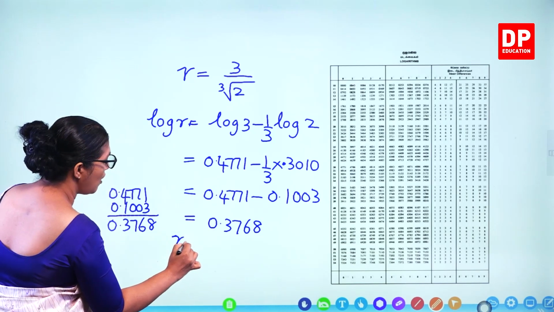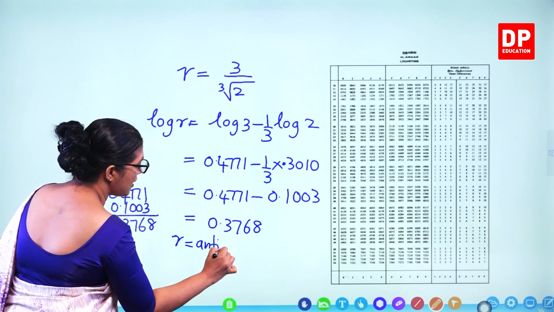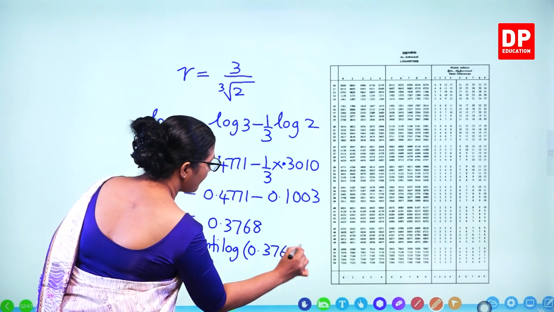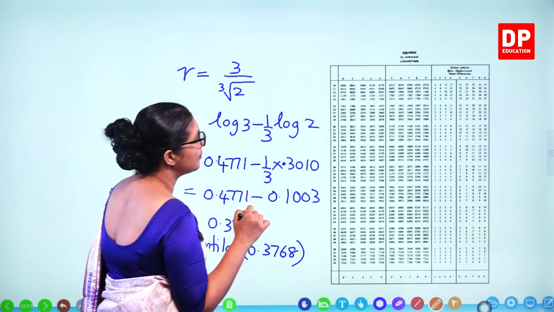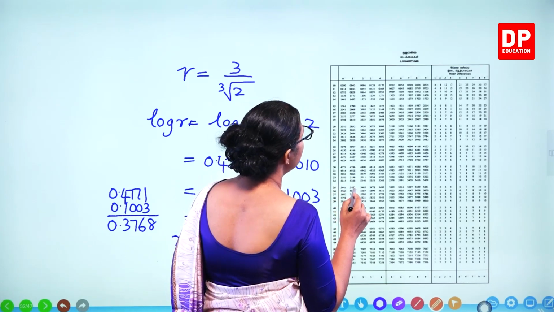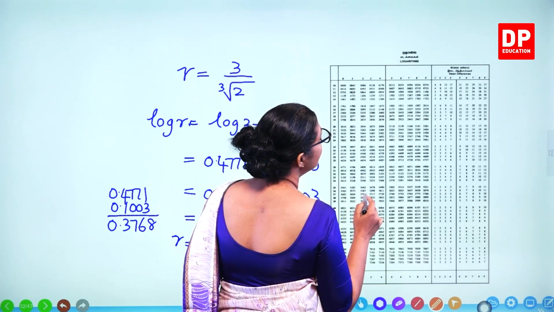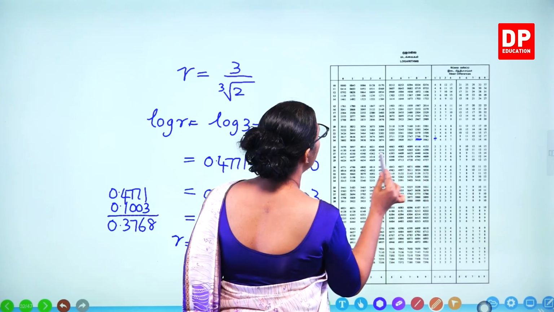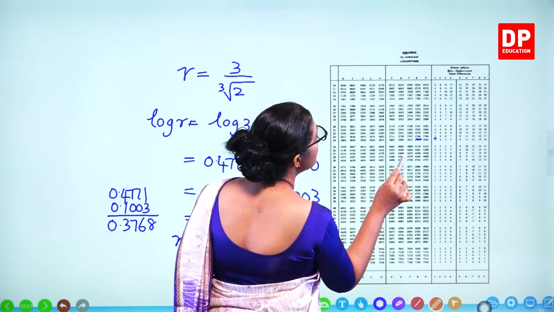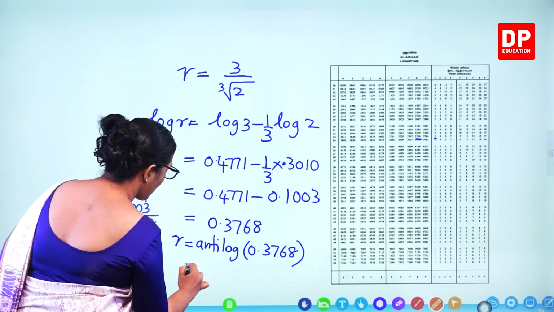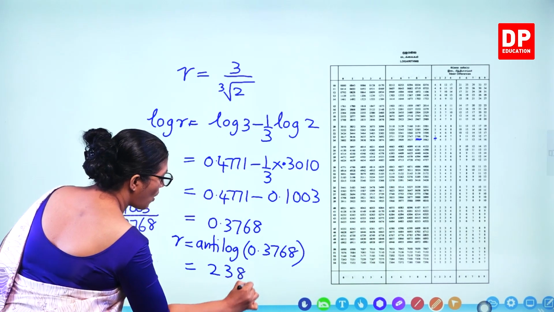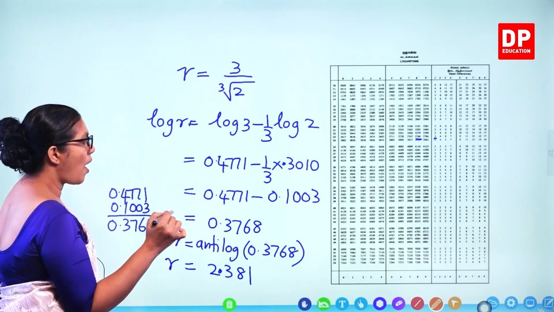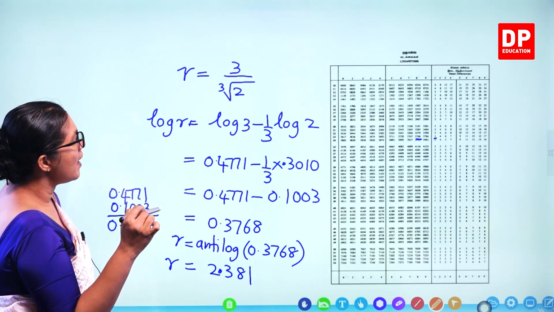Now take the antilog value of this to find R. 3768: 3766 is there, so we need another 2. That gives 2381. So 2.381 is the R value.